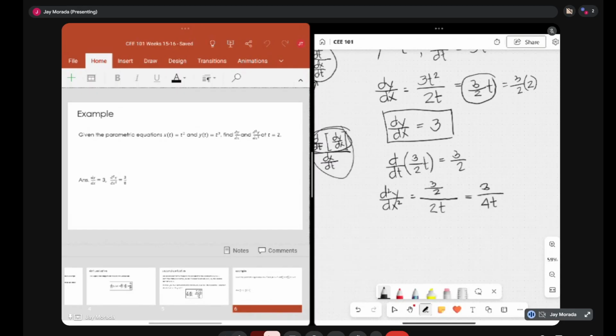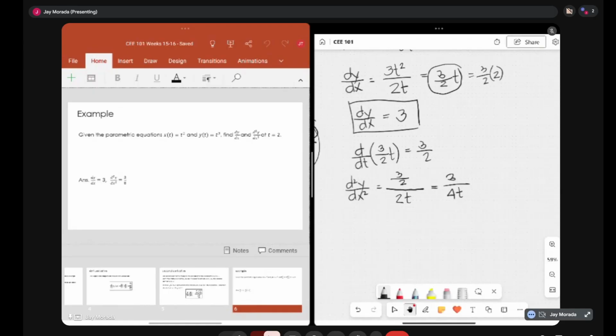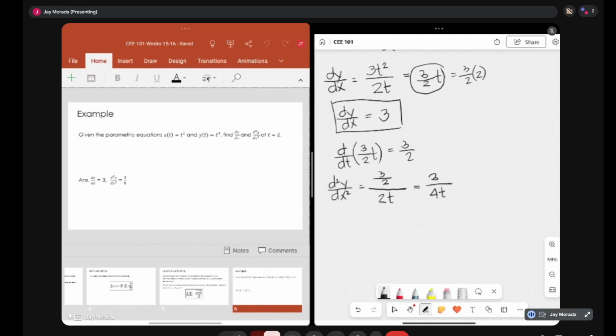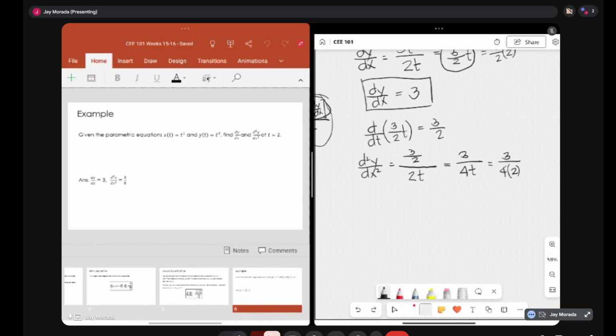Then we have to substitute 2 for t. So we have 3 over 4 times 2, that is equal to 3 over 8. Okay, this is our final answer.